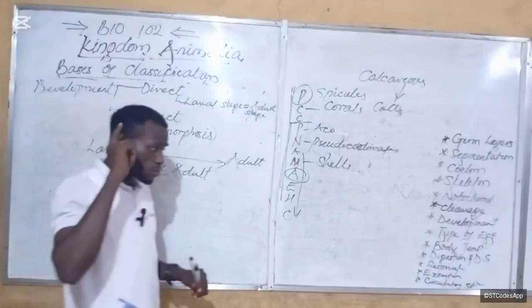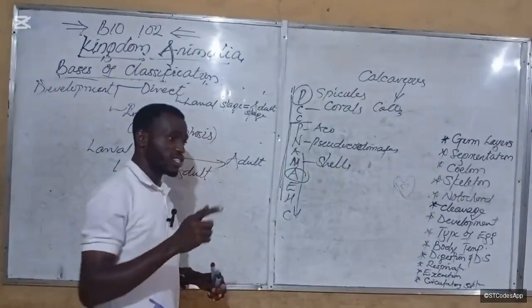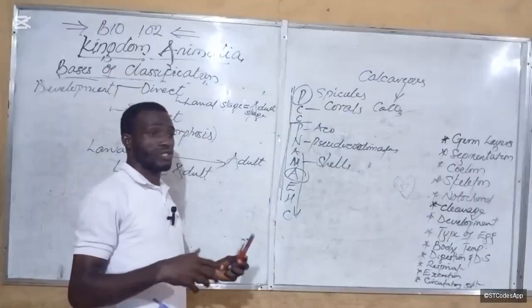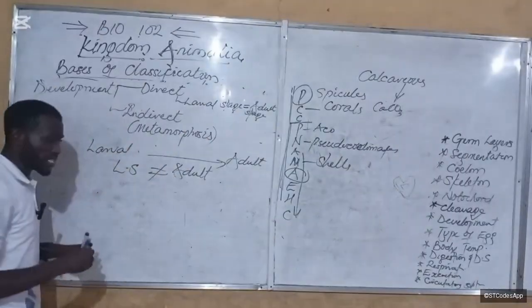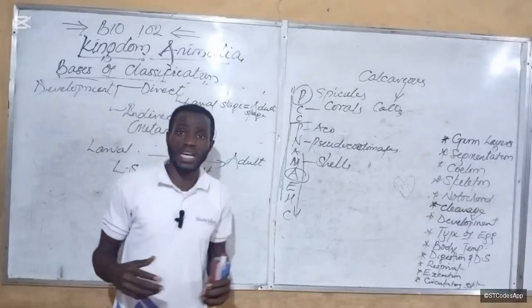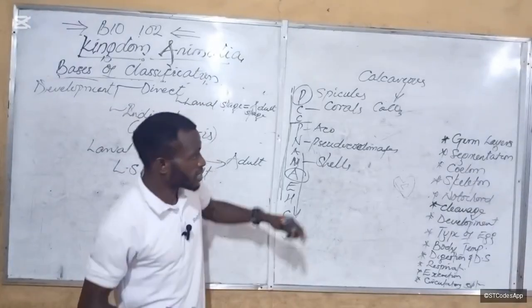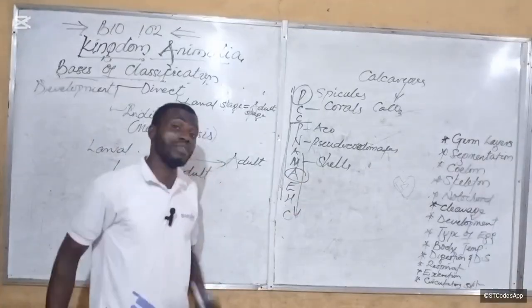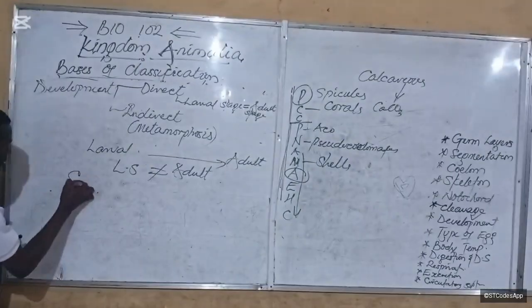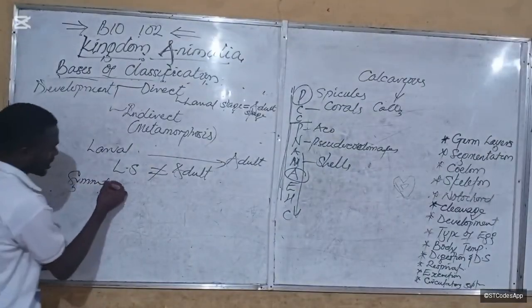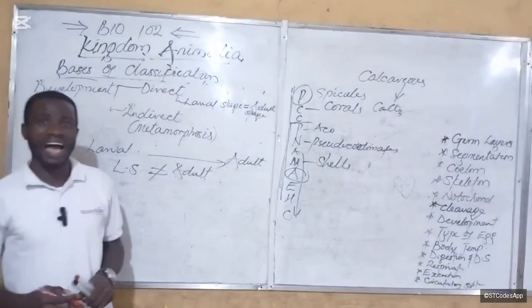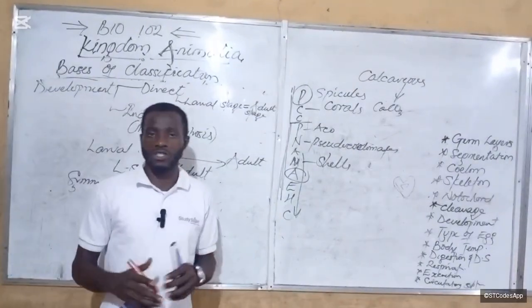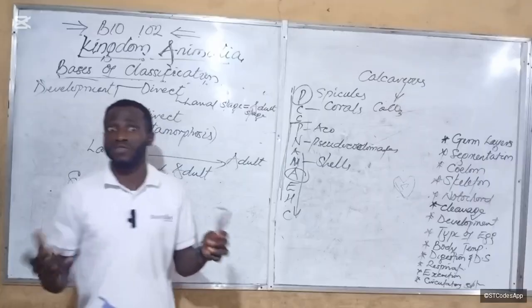Just like I wanted to mention an advantage of motility, yes. For example, when we were classifying based on symmetry, yes, I remember now, we said that some organisms are not symmetrical at all, while others have radial symmetry.